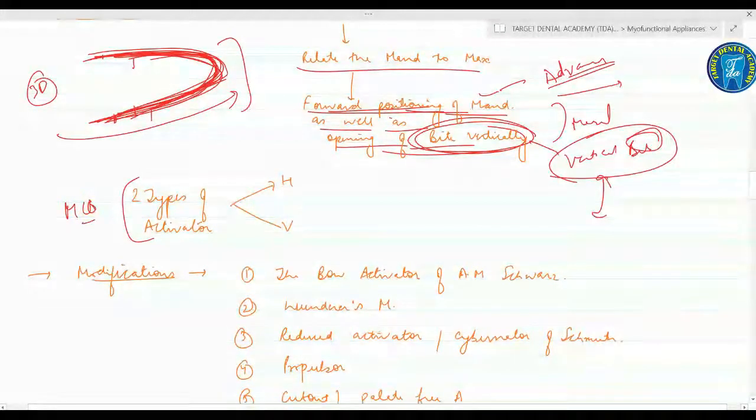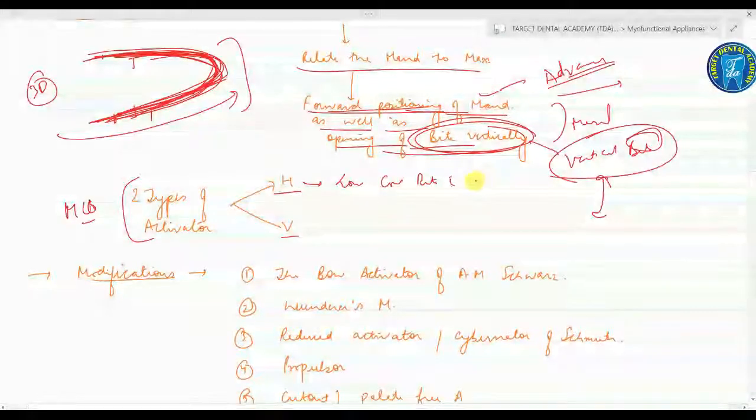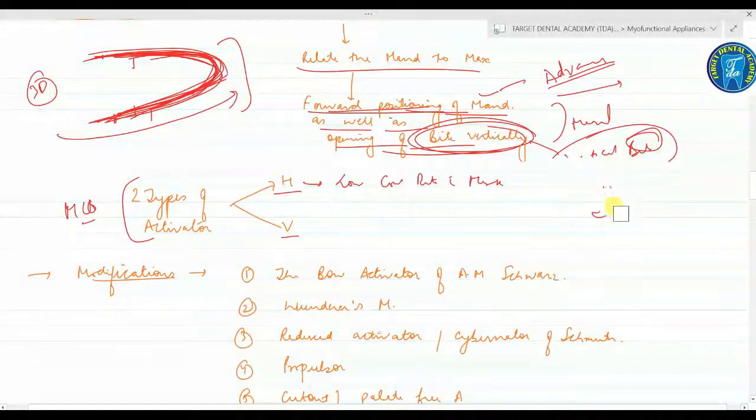In this, there are 2 types of activator, very important for your MCQ: the H activator and the V activator. The H activator means when you ask the patient to bring his mandible forward, there will be a low construction bite with marked mandibular forward positioning.